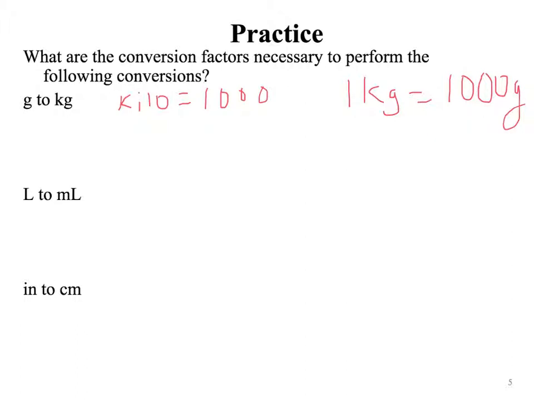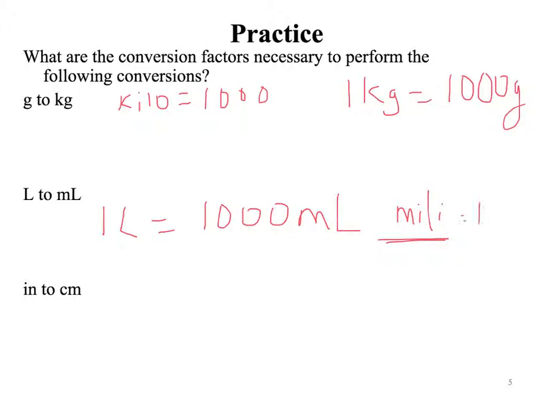So that would be the conversion unit that would be necessary to know. If you're going from liters to milliliters, you know in 1 liter is 1,000 milliliters. And this is coming right from the previous slide. You just have to really understand prefixes. Milli also means 1,000. Milli and kilo mean 1,000.